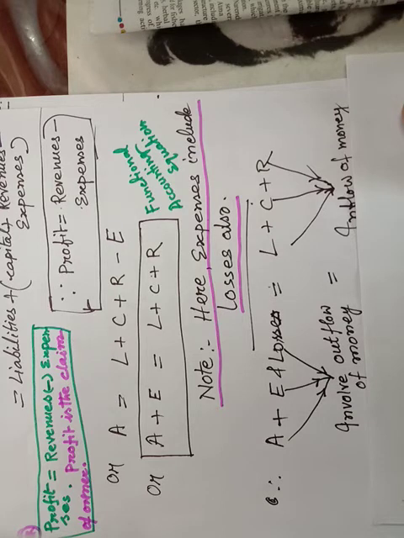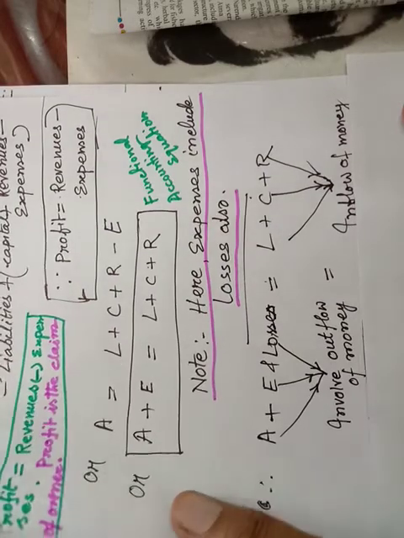Those bring money into the business, and the left side three items use that money, which is brought by liabilities, capital and revenues.